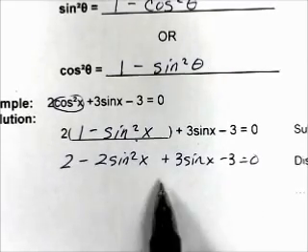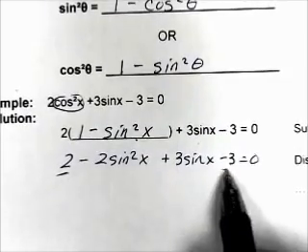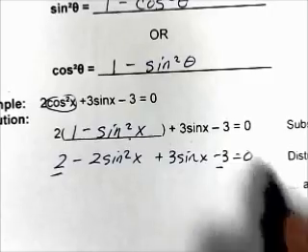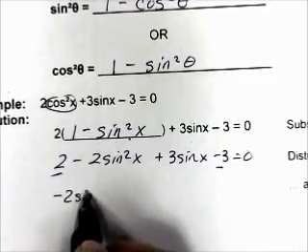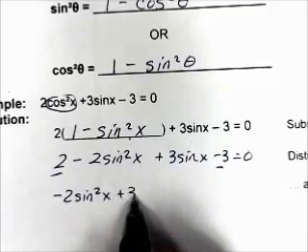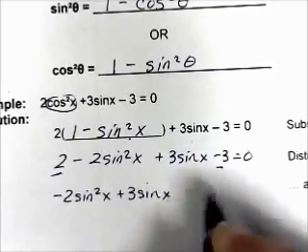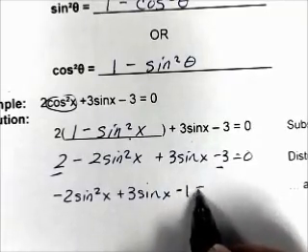So we want this in standard form. So let's first combine our like terms, the 2 and the negative 3. Keeping this in standard form, negative 2 sine squared x plus 3 sine x. Positive 2, negative 3 is negative 1.